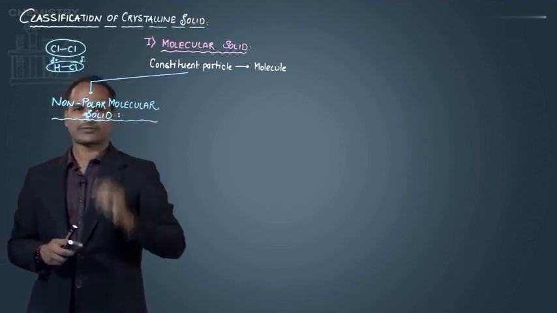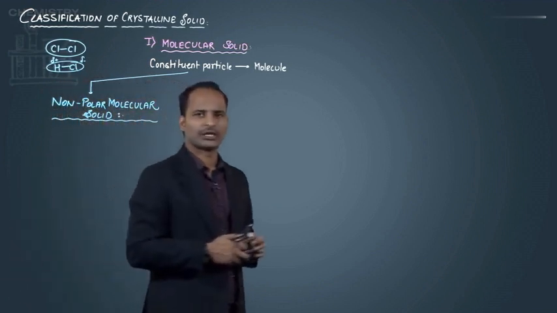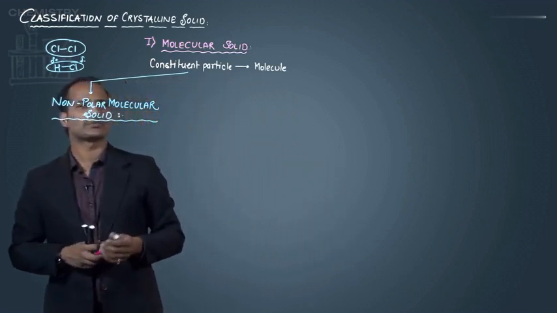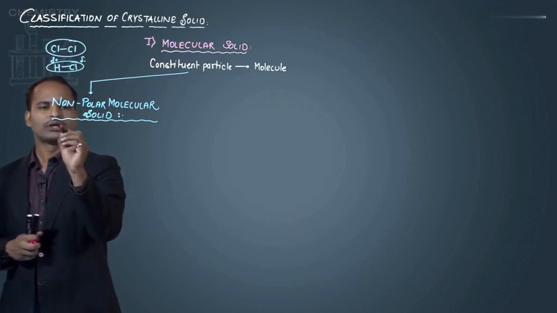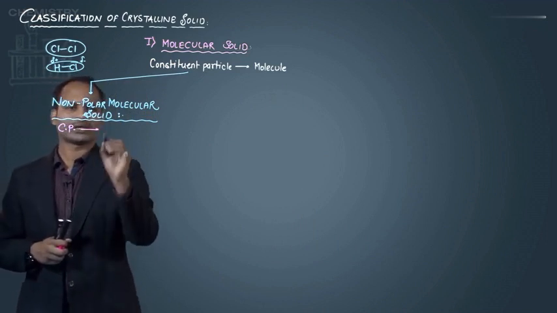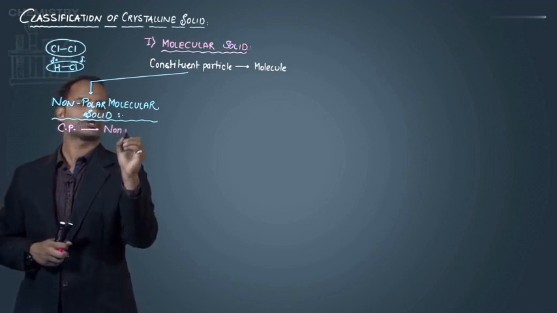So this is the first type which we are having, that is called a non-polar molecular solid. As the name says, we can easily predict that here the solid is made up of non-polar molecules. So here I can say that the constituent particles, Cp, are non-polar molecules.